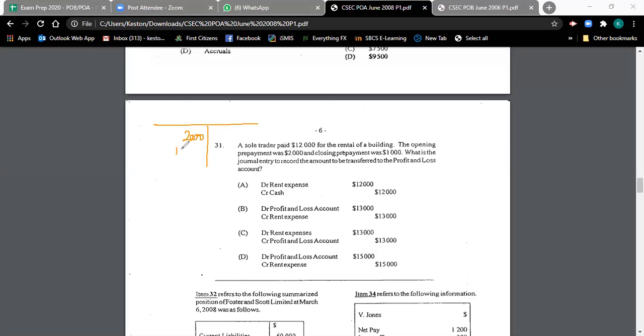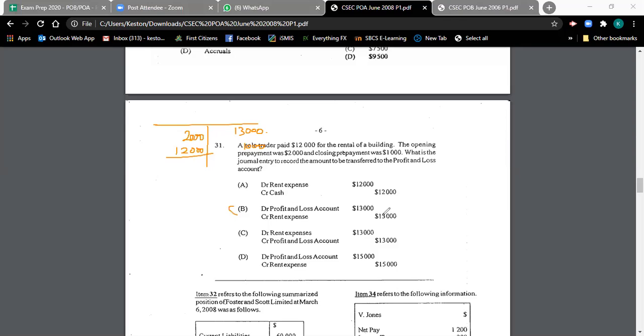He paid $12,000, right? And the closing prepayment was $1,000. 13,000 is the amount to go to the profit and loss account. So we have to credit the rent expense and debit the profit and loss account.